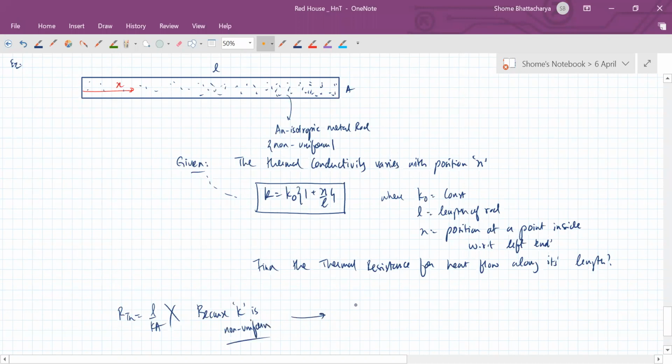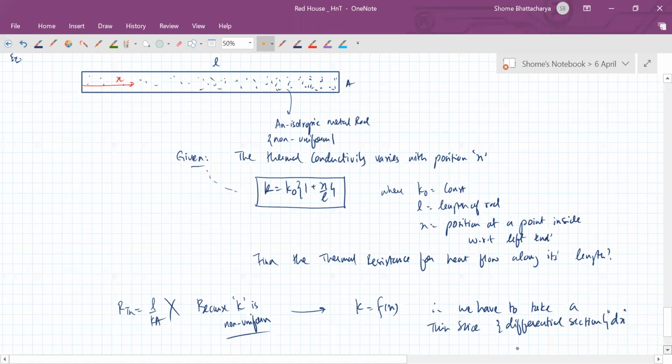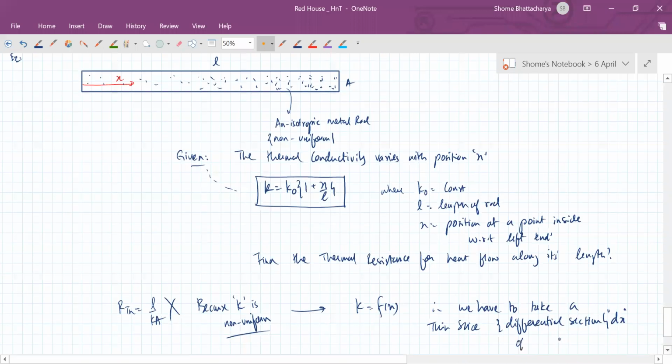So instead what we understand, K is a function of X. Therefore, we have to take a thin slice, or what we call a differential section, like you do in calculation of moment of inertia or center of mass, a differential section of thickness dx of the rod. And first talk about the thermal resistance of that section, and then from that we will understand what is the total thermal resistance of the entire rod.